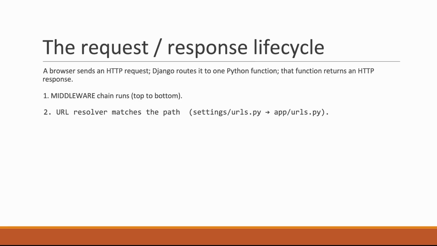Next we have your URL resolver. Now this is somewhat confusing for new beginners to study and learn, because there are two files called urls.py, and it's very easy to mix up these two.